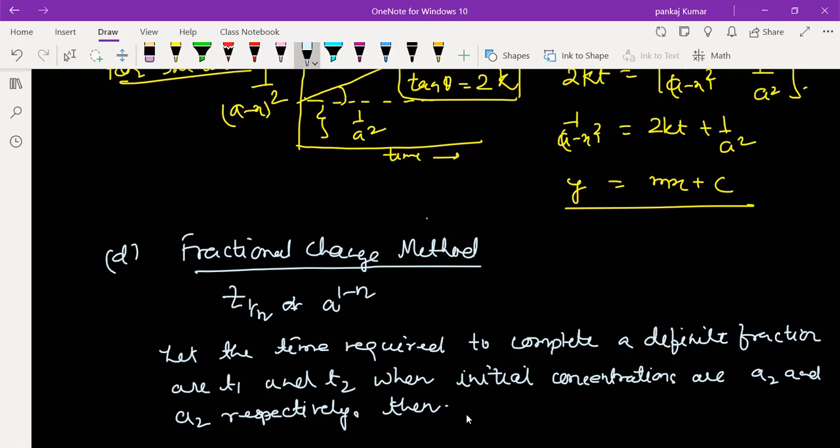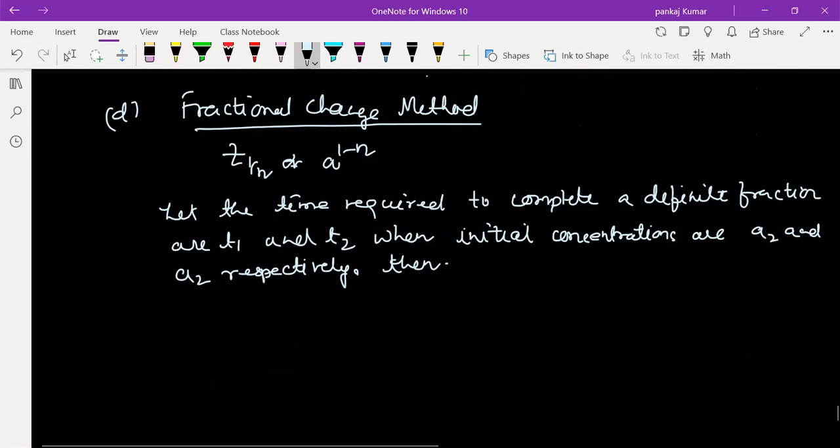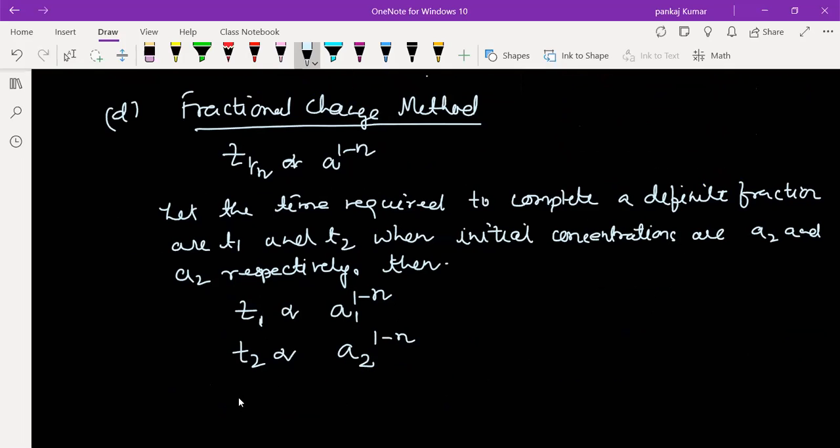Then we can see T1 is proportional to A to the power 1 minus n, and T2 is proportional to A to the power 1 minus n. This is the A1, this is the A2. So T1 by T2 is equal to A1 by A2 to the power 1 minus n. Or we can write A2 by A1 is equal to n minus 1.